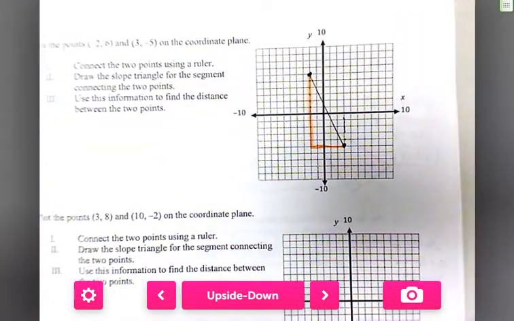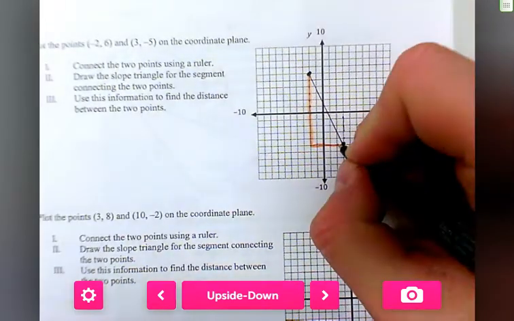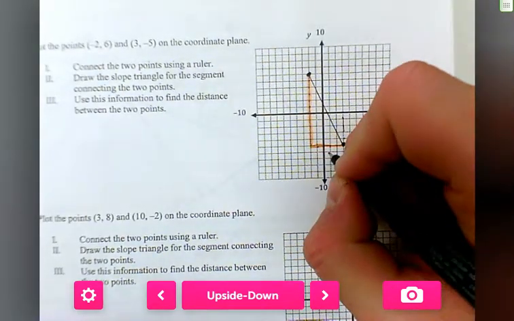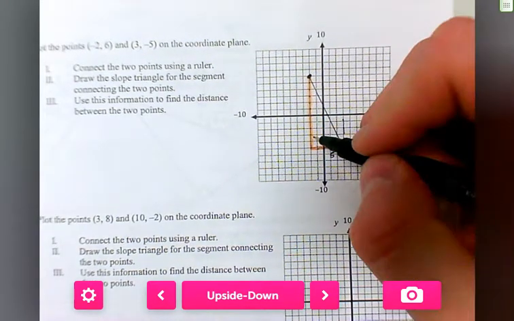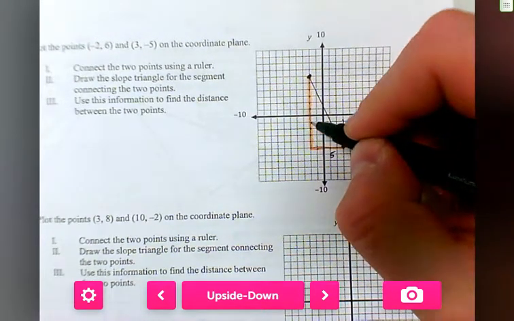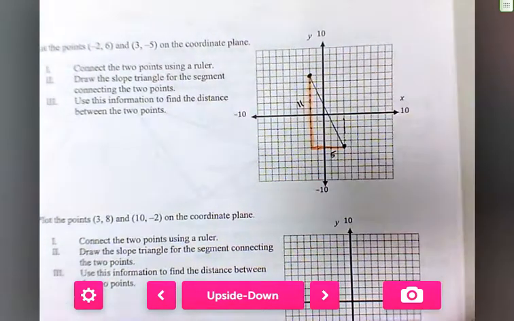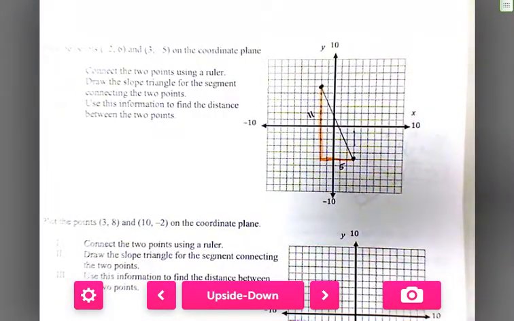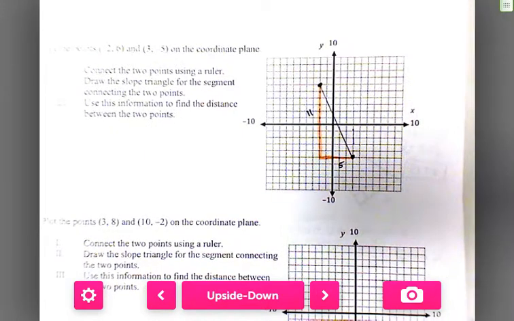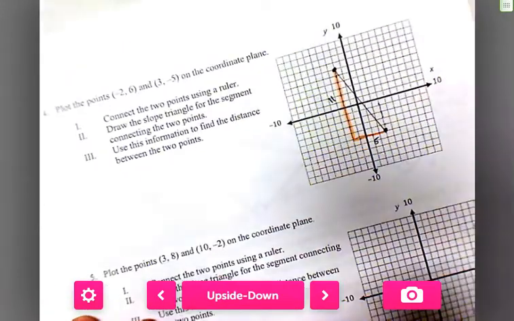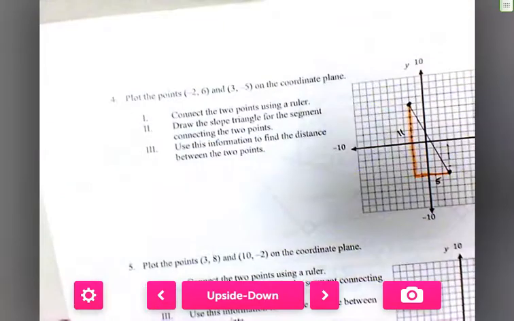Hopefully that's what you have so far. Okay, so we've got the base is 1, 2, 3, 4, 5. And we've got a height of 1, 2, 3, 4, 5, 6, 7, 8, 9, 10, 11. All right? So we're going to apply the Pythagorean theorem.